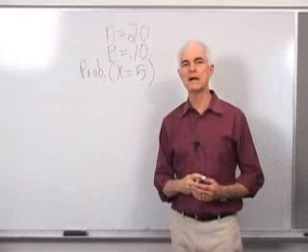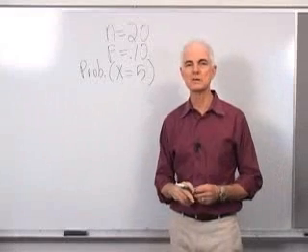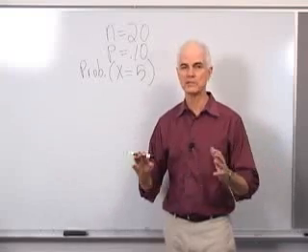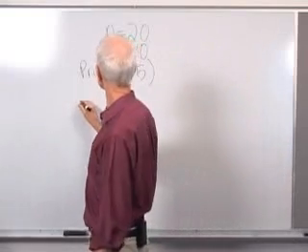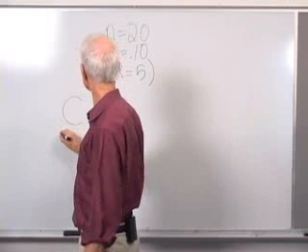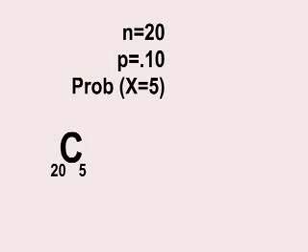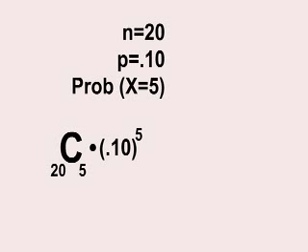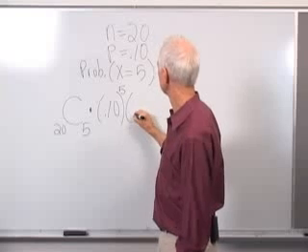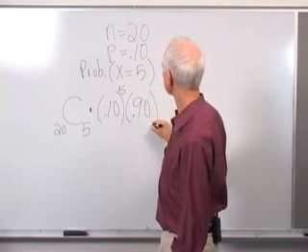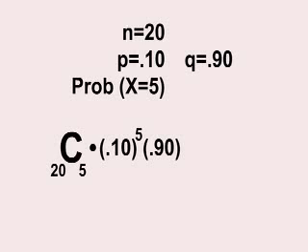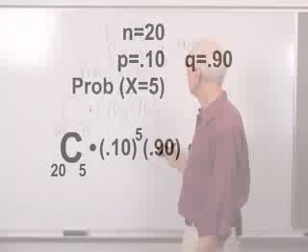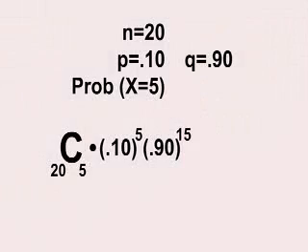Now that we understand the binomial probability formula, we can solve this much more quickly than writing out all possibilities. Using our binomial probability formula, we would have the combination of 20 things, that's n, taken 5 at a time because we want 5 defects, times 0.10, the probability of 1 defect, to the 5th, times 0.90, which is the value of q, the probability of getting a good part, to the 15th.